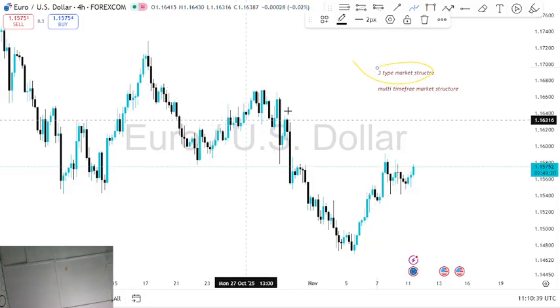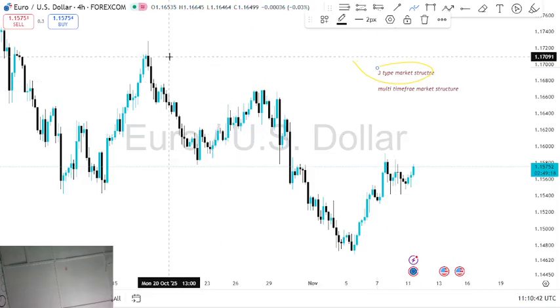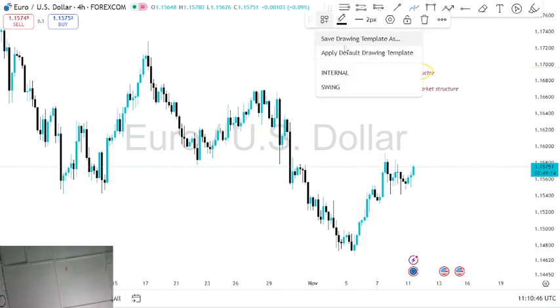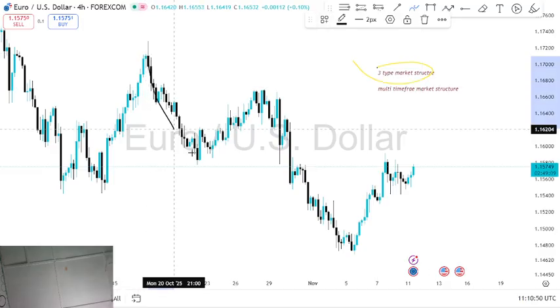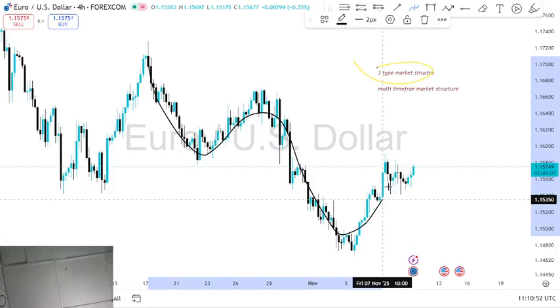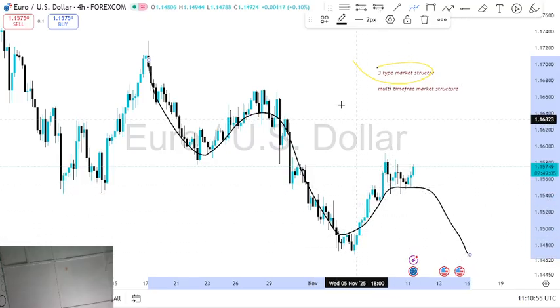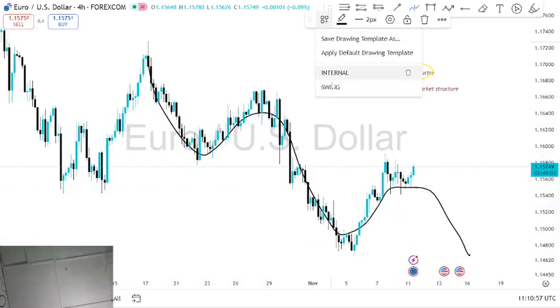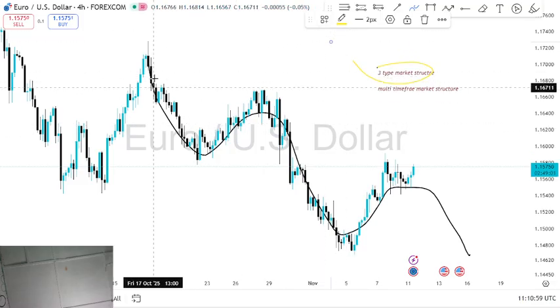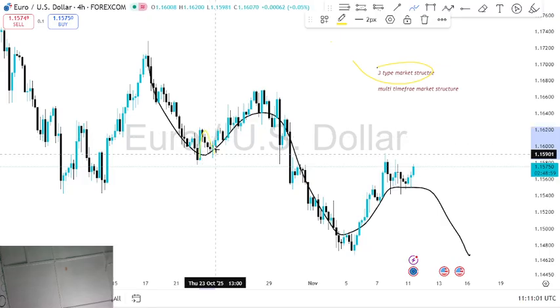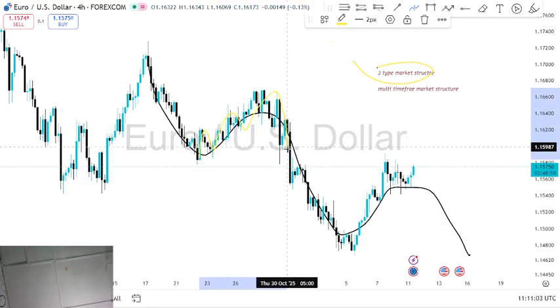So looking at three type market structure from our previous lessons, we've talked about swing structure. We talked about internal, which is within the swing structure.